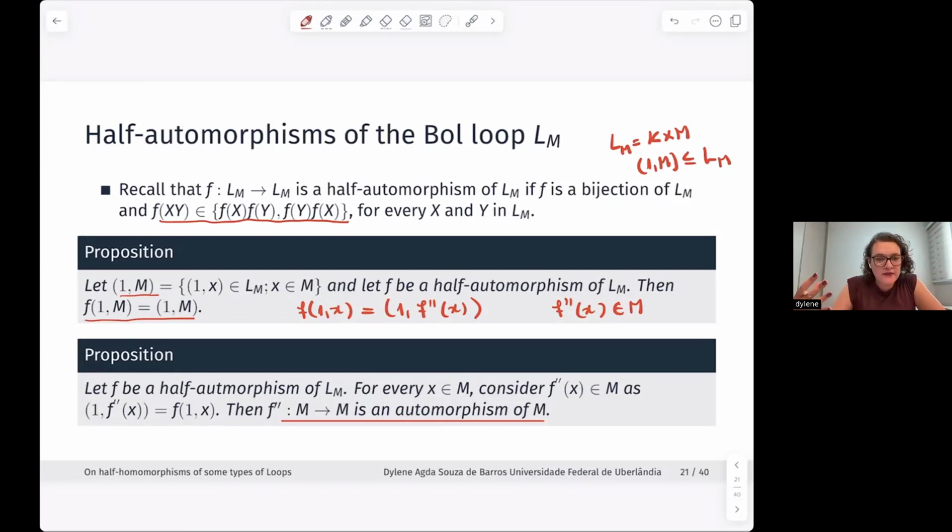So every time you have a half-automorphism of L_M, it fixes that subloop, and this function on M is an automorphism, okay?